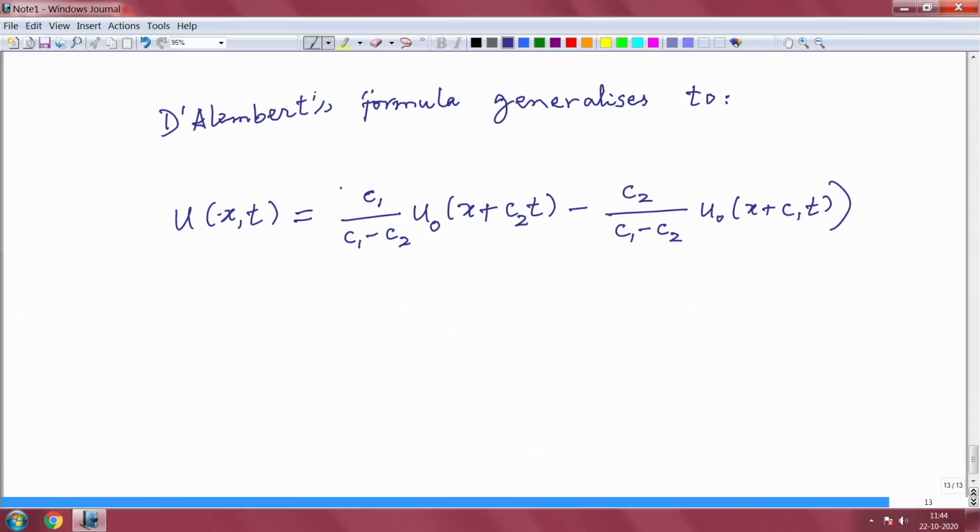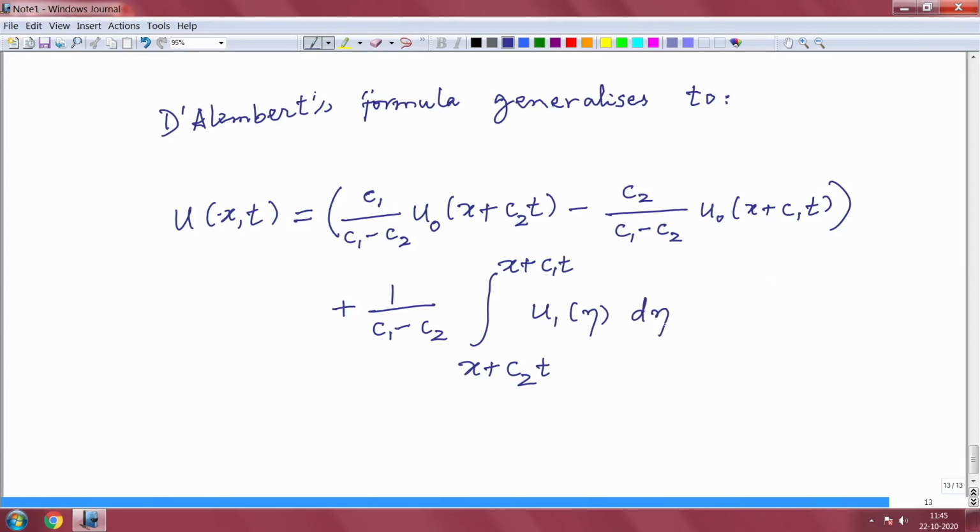Okay. So, this is the first term, and then the integral term is given by 1 by C1 minus C2 times the integral from x plus C2t to x plus C1t of u1(eta) d eta.